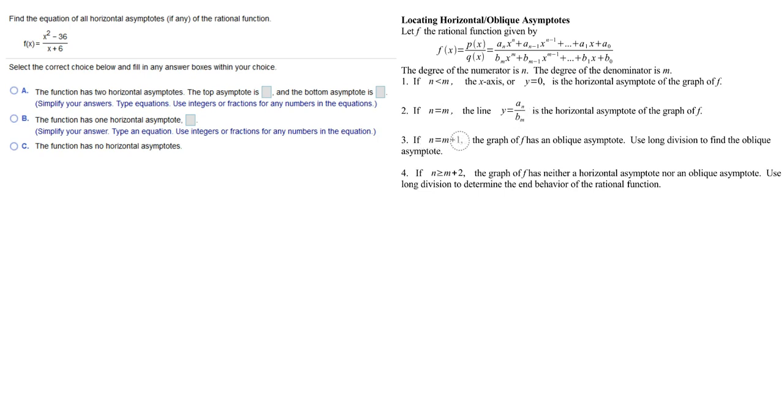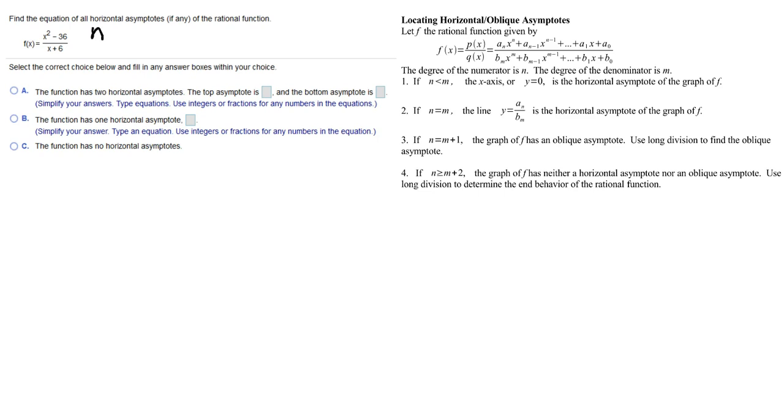If n is 1 more than m, then we don't have a horizontal asymptote. We have this different type of asymptote called an oblique asymptote. And if n is greater than or equal to m plus 2, then we don't have a horizontal or oblique asymptote. So let's find n and m for our problem.